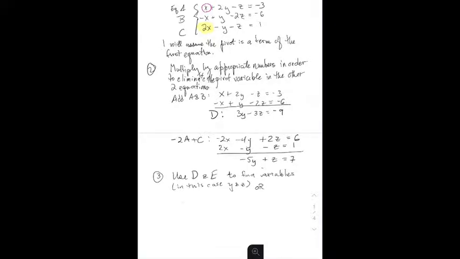I'm going to call that equation E. So to find y and z, we're going to use equations D and E.